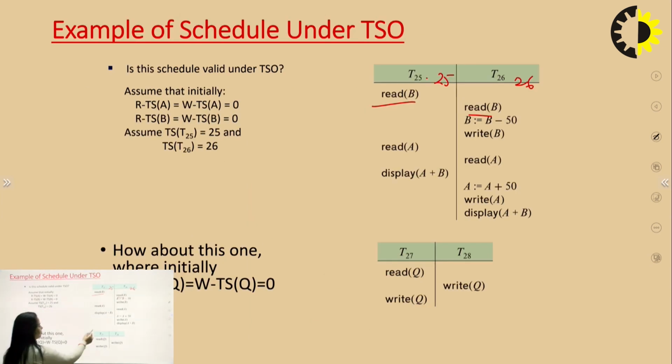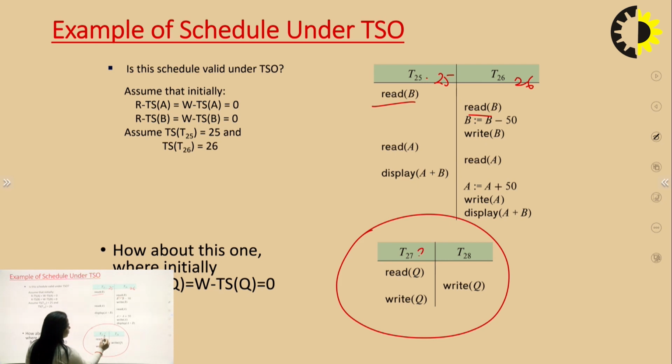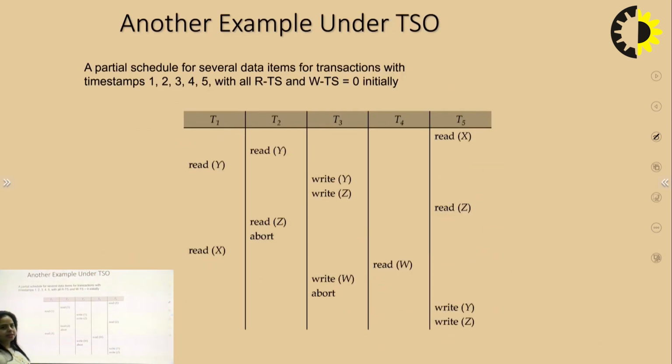Let's see another example. In this example, the timestamps are 27 and 28. Basically, this write Q operation should be done before T28, but it happens after T28. So this transaction is rejected and transaction 27 should be rolled back.